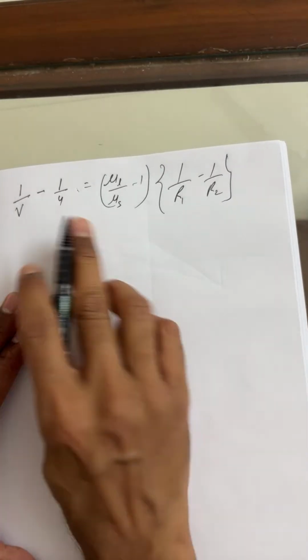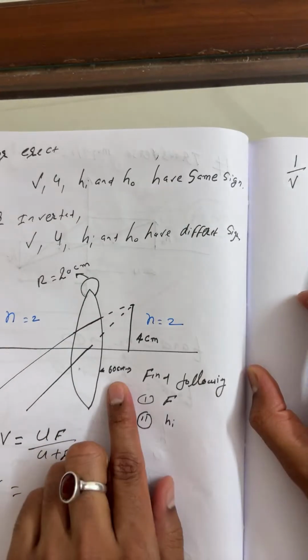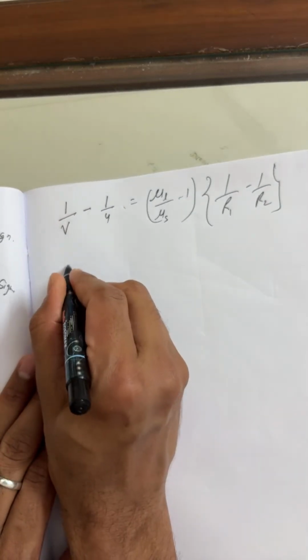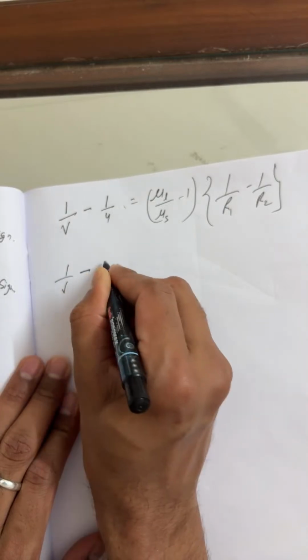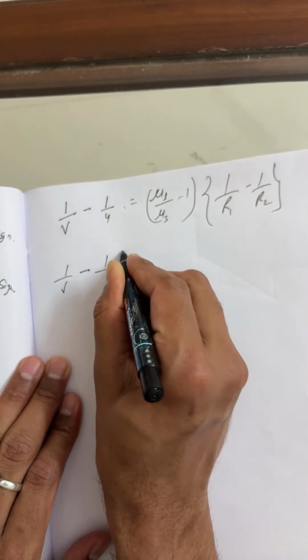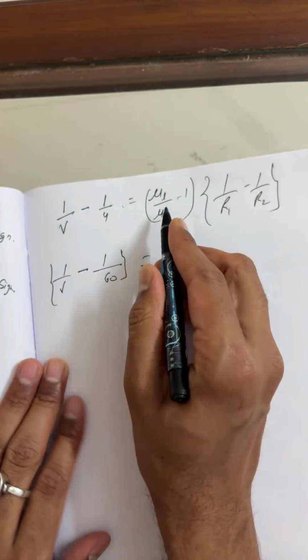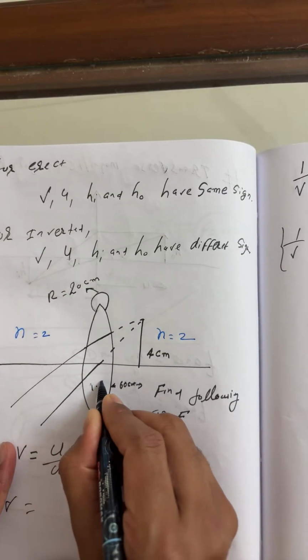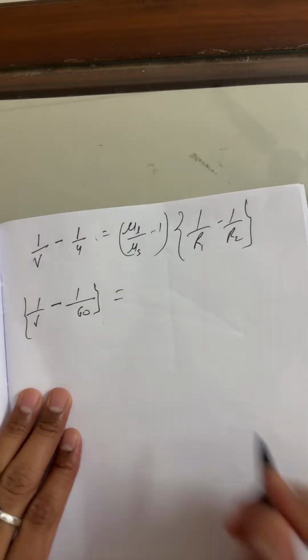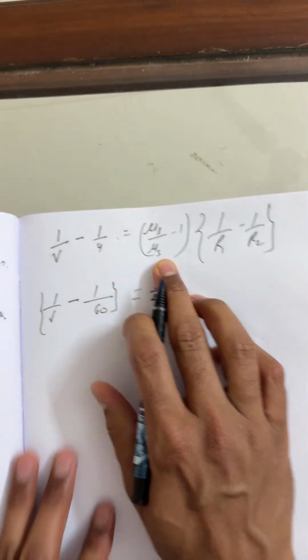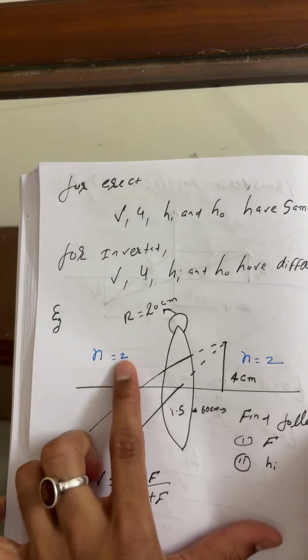As I said, it's a virtual object, so I'll take U equal to plus 60. So 1 by V minus 1 by 60, then mu of lens you can take 1.5, which is 3 by 2, and the environment refractive index is 2 only.